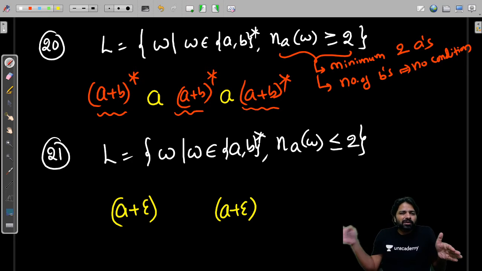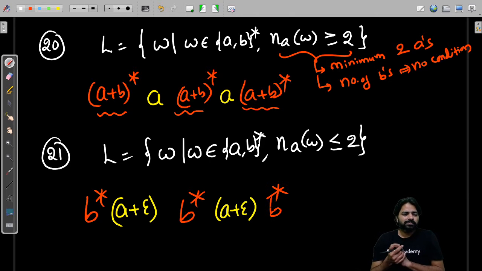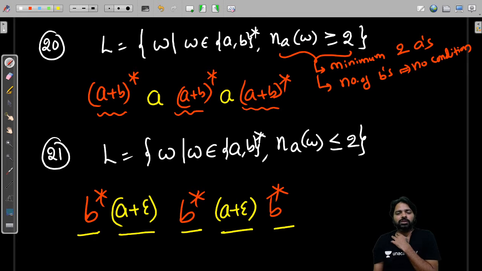But B's can come from anywhere, so B star you can write in between or before. There is no string in which you can write 3 A's. The minimum string is B power 0, epsilon, epsilon, epsilon, that is, epsilon is the minimum string in this language.